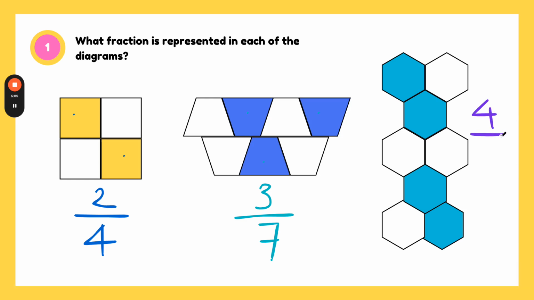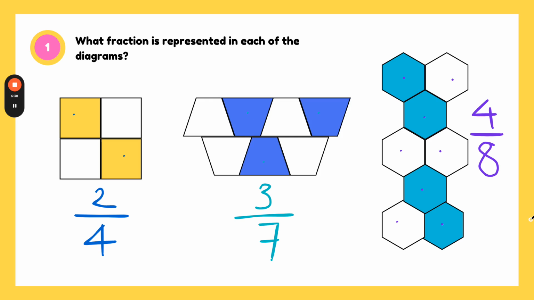So how do we find our denominator? We count how many parts there are altogether which make up the whole, which includes both shaded and non-shaded parts. If we count altogether, there are 1, 2, 3, 4, 5, 6, 7, 8, which then means our denominator is 8.